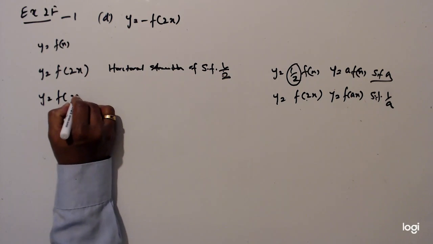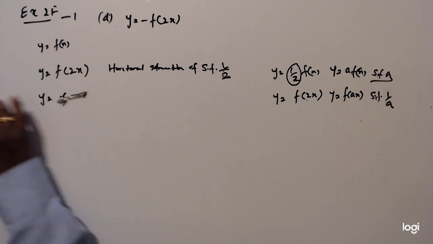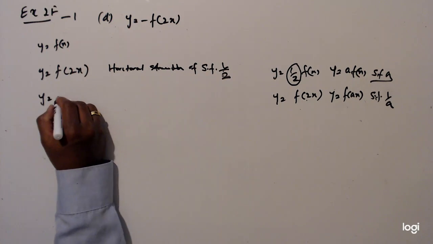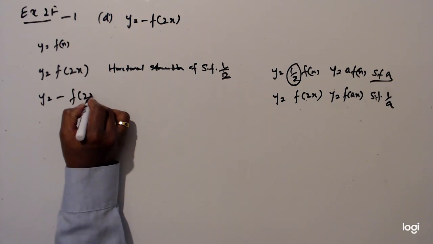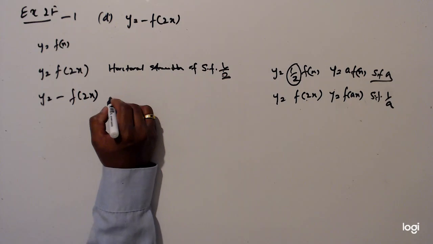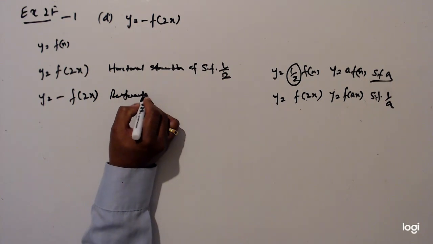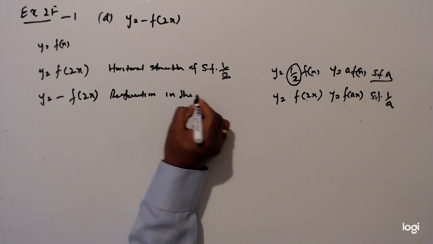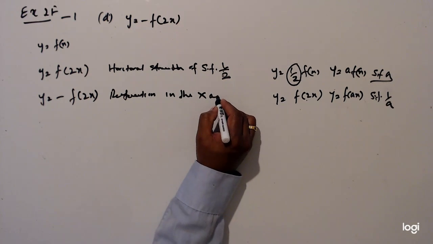Then minus f(2x). So this is a reflection in the x-axis.